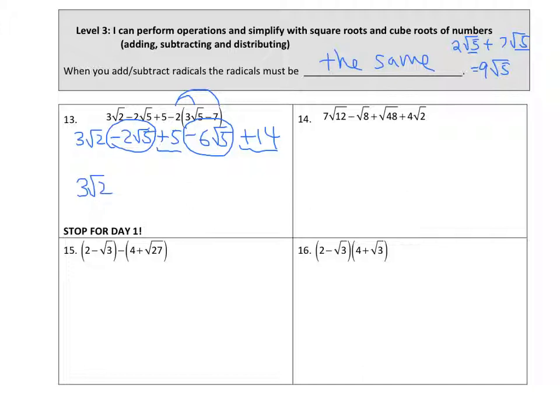Negative 2 radical 5 plus negative 6 radical 5 makes negative 8 radical 5, or minus 8 radical 5. And then 5 plus 14 is 19. And that's as far as I can go. I can't simplify that anymore because none of those are the same type of radical. They can't be added together.